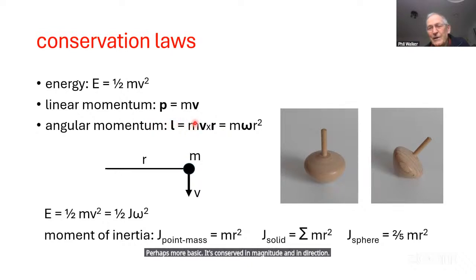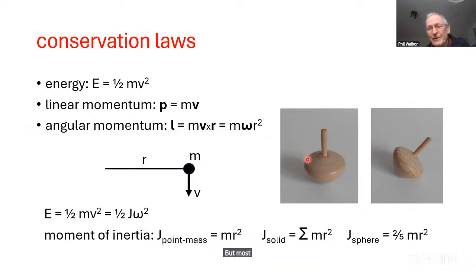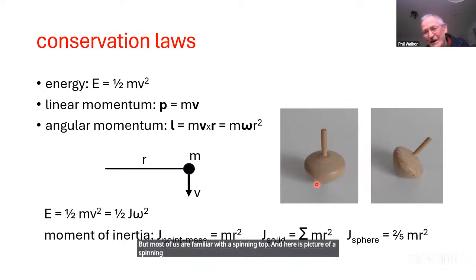And one problem is we don't have so much familiar interaction with angular momentum, but most of us are familiar with a spinning top. And here is a picture of a spinning top, and you can't really tell that it's spinning, but when it stops spinning, it falls over.